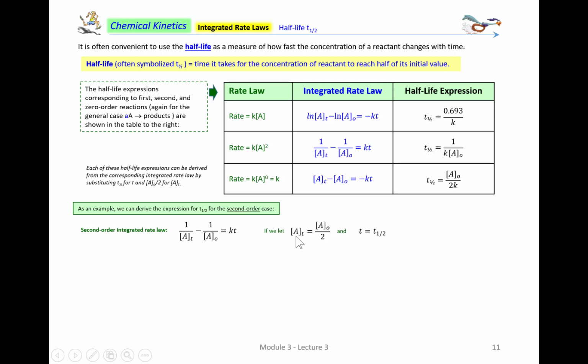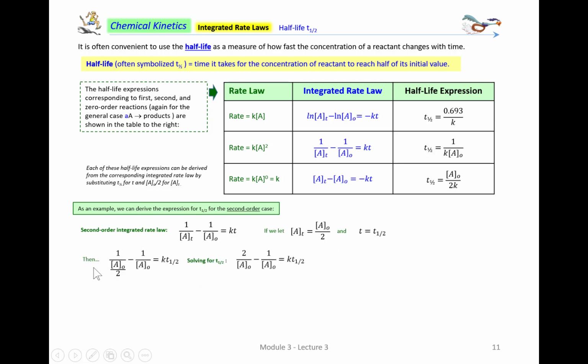We're going to say the concentration at some future time t is half of the initial concentration, and we're just going to substitute T1/2 for t. So literally we're going to make t here T1/2, and we're going to put A0 over 2 in for At in this expression.